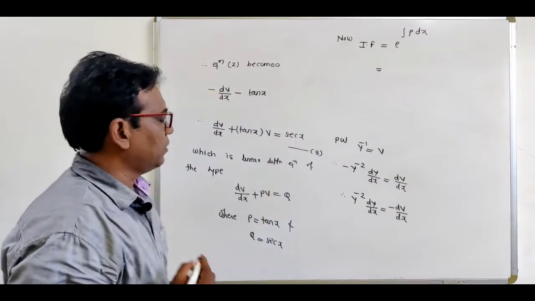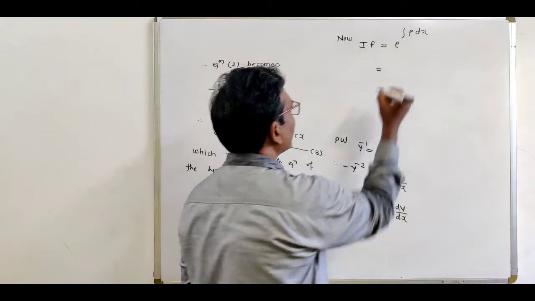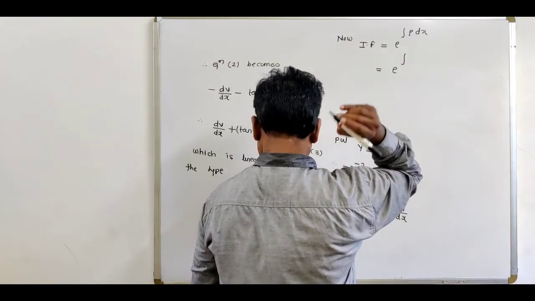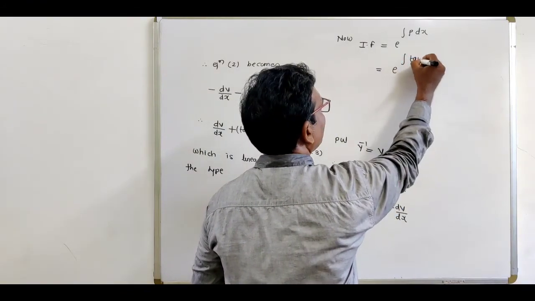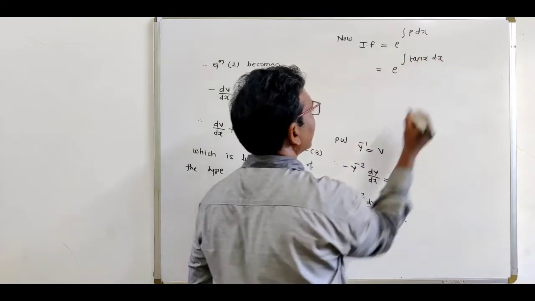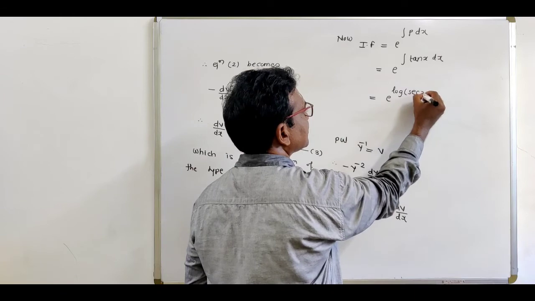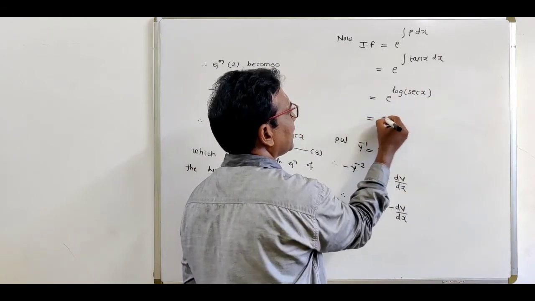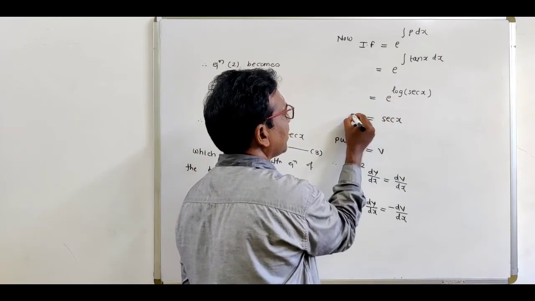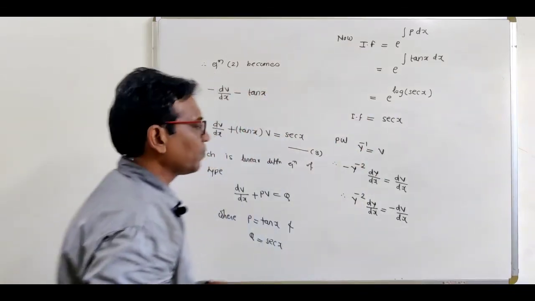So e raised to integral tan x dx. The integration of tan x is log sec x. The exponential and log get cancelled, so our integrating factor is sec x.